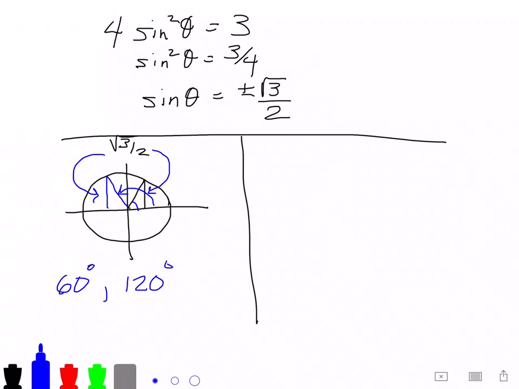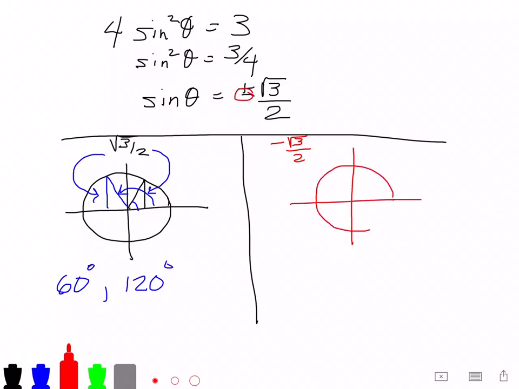I'm going to check and see which ones work for that. But also in the meantime, I'm going to go to the negative square root of 3 over 2. Check my unit circle. Where is my sine negative? Well, it's negative right here and right here.